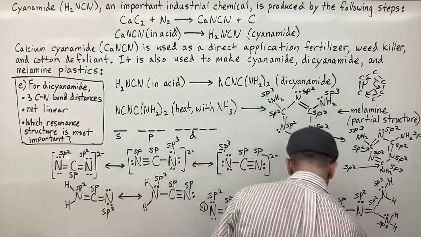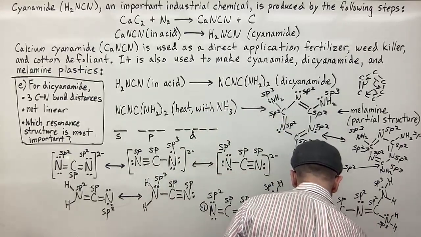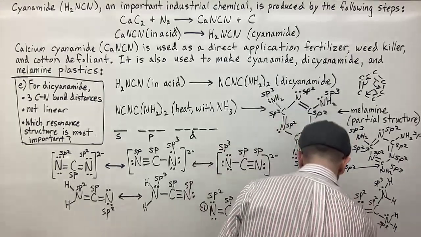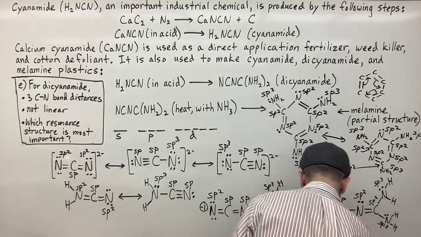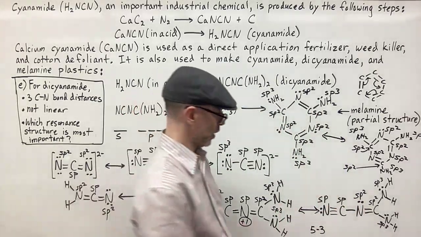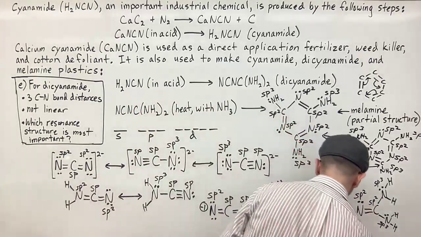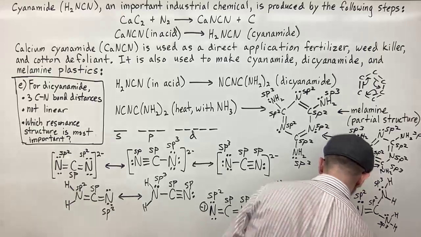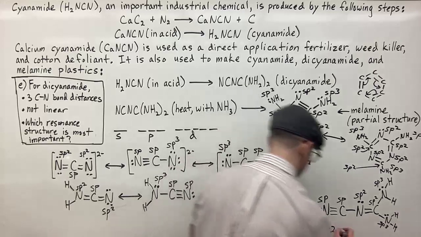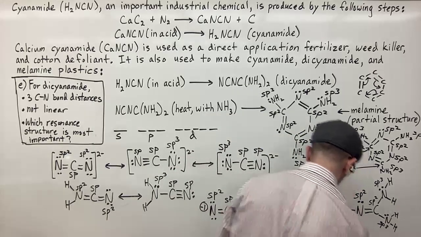So if we do the formal charge here, it's going to be 5 for the valence electrons minus 1 for each bond. So that's 3. And then we're going to subtract out 2 for the lone pair. We got 2 electrons there. We're going to subtract those. So 5 minus 3 minus 2, that's 0.